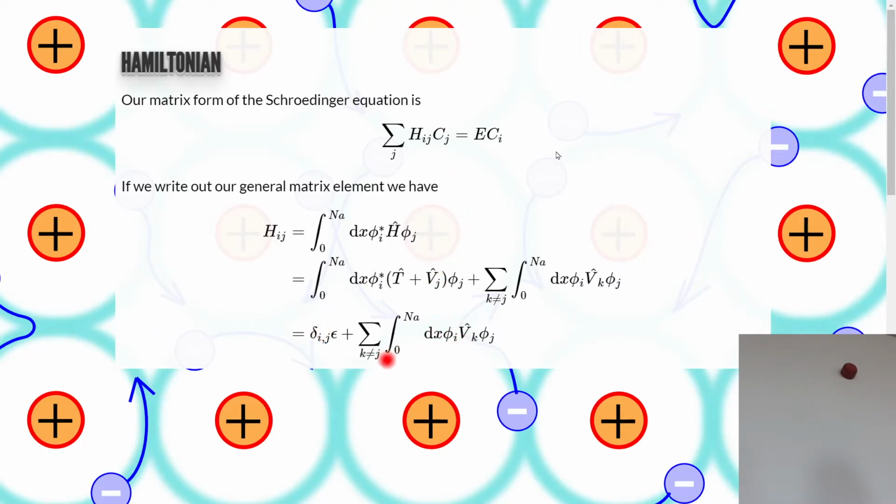And then I've got a sum of integrals of these interactions, three-centre integrals: basis function I, the Coulomb potential coming from atom A, and then the third, basis function J.